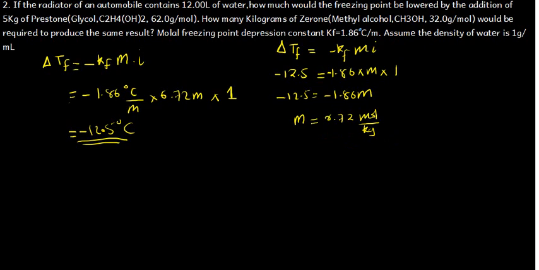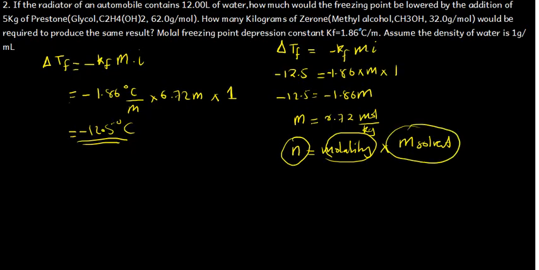How can we convert into mass? Firstly, we know that the number of moles is equal to molality multiplied by the mass of the solvent. That is because molality is equal to the number of moles of solute over the mass of solvent. So I've just rearranged the equation which I wrote earlier.